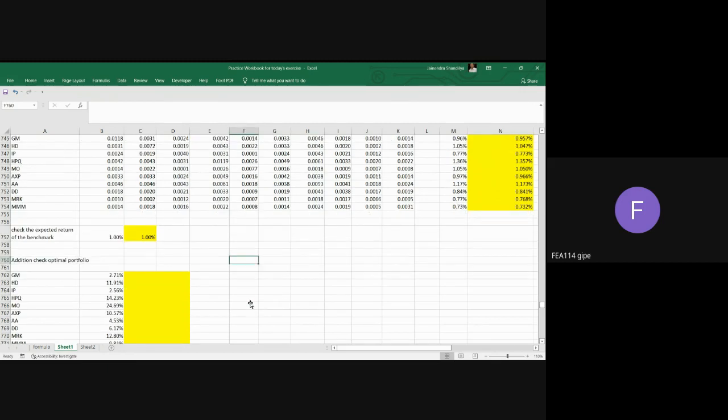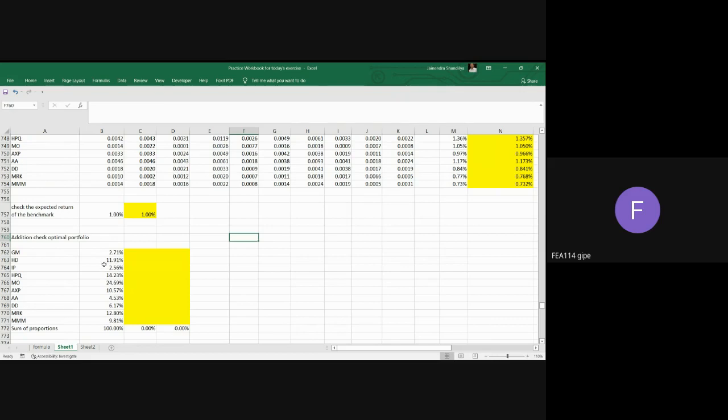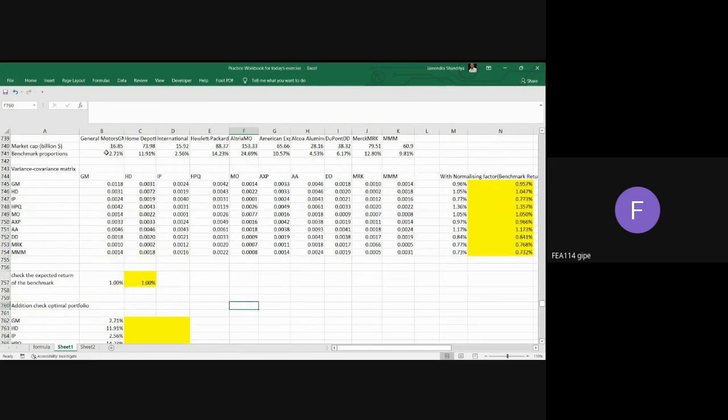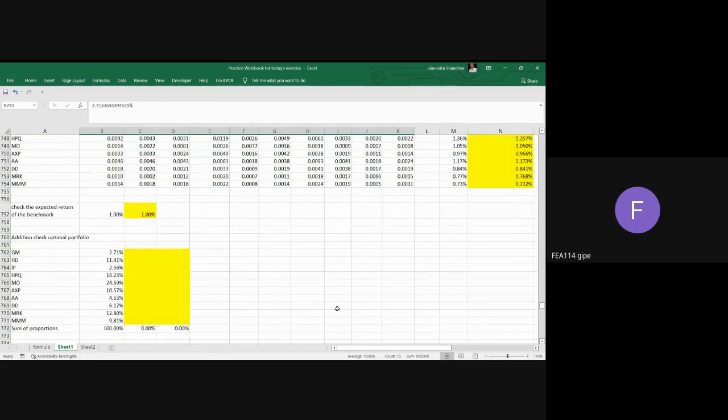And supposing you are not given this benchmark proportion, but all other things are given, you can also check whether the things you have calculated are right. So what we will do here is calculate Z. As you know, how do we calculate Z?